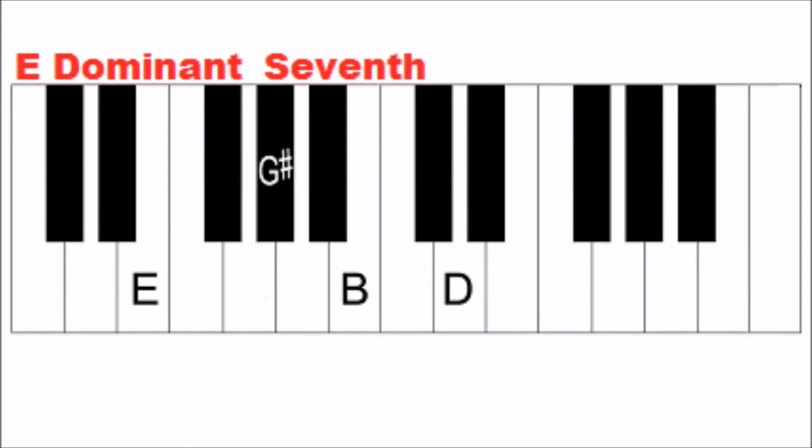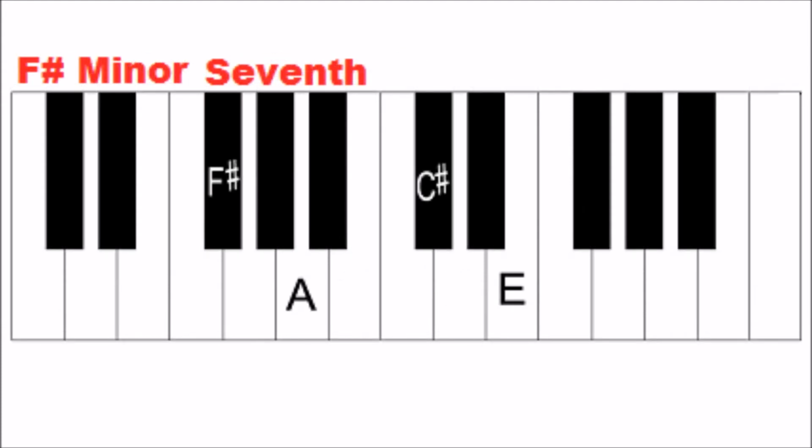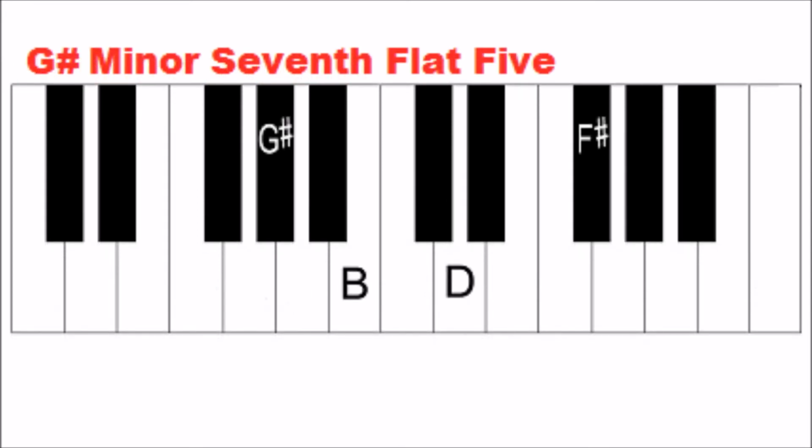E major becomes E dominant seventh. F sharp minor becomes F sharp minor seventh. And G sharp diminished becomes G sharp minor seventh flat 5.